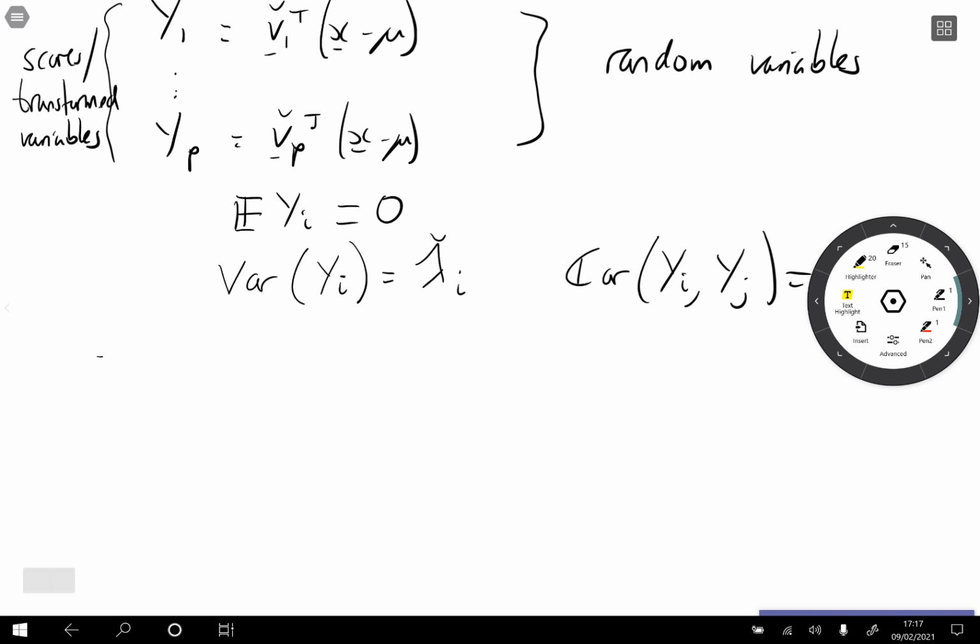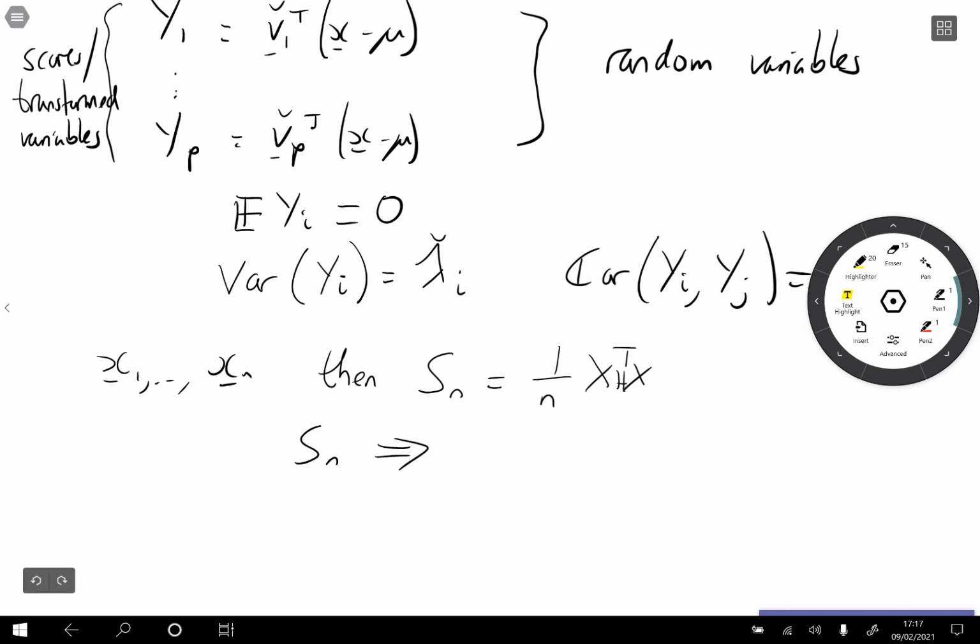So we know that if we have data x1 to xn sampled from this distribution, then the empirical covariance matrix, I'm going to put an n on it here just to indicate that it's based on n data points, X transposed X, or X transposed HX, say, if we center it, is going to converge to sigma as n tends to infinity.